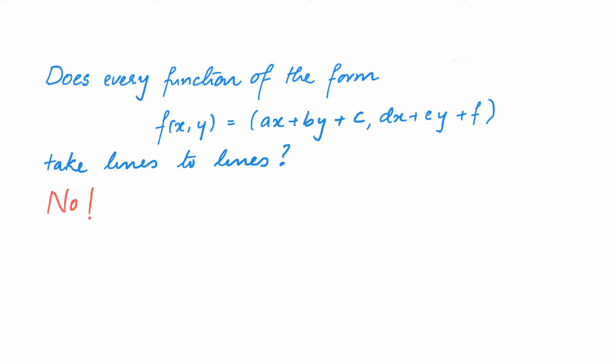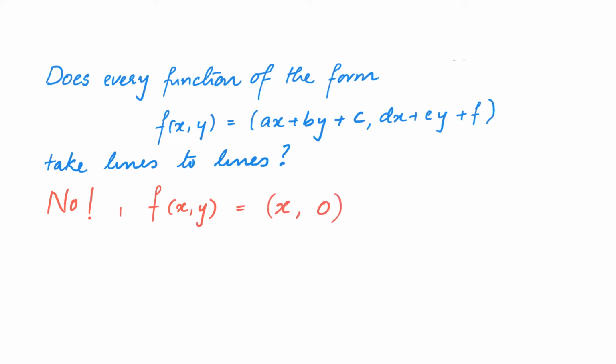I hope you figured this out yourself and you have an example of a function of this form that does not take lines to lines. If not, you will have an example soon enough. Consider the function f(x,y) = (x, 0).